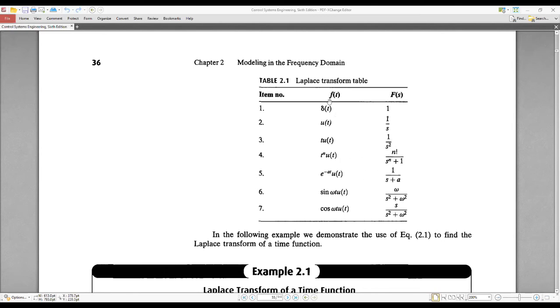Here is the function f(t), but when you take the Laplace transform, the function will change. The Laplace transform of this function is this one. So you have to remember this table, memorize all the parameters.